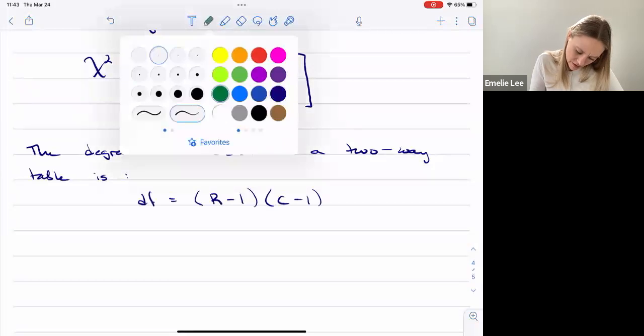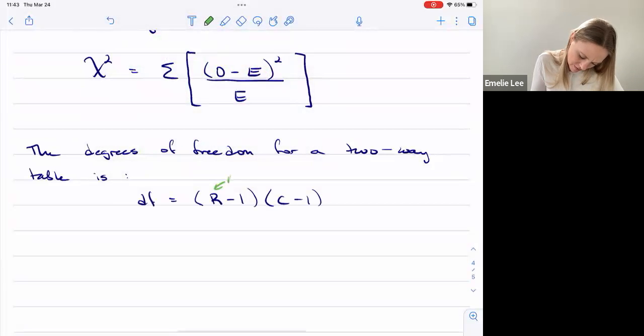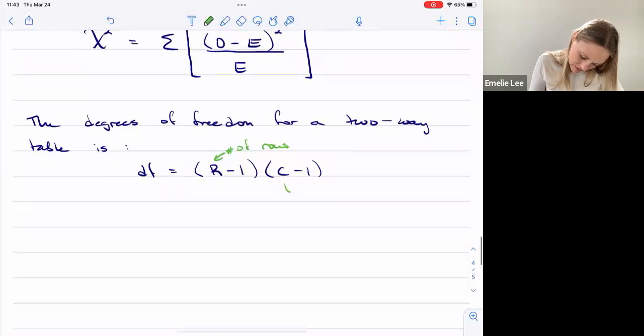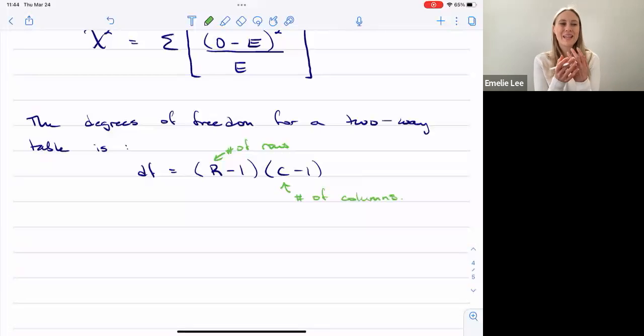So remember, R is the number of rows and C is the number of columns. Depending on how many rows and columns you have, you subtract 1 from each of them and then multiply them together.